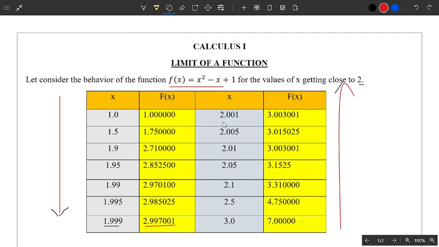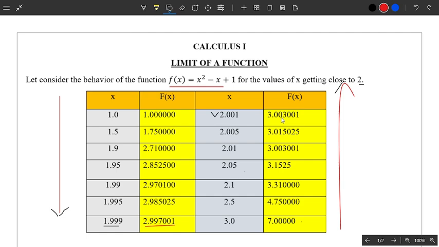When I put 2.5, you see that this time around it is decreasing, from 3 to a certain number, getting closer to 2 again. What happens to the functional value? From here, you can see that when I put in these values, this function is also approaching 3.